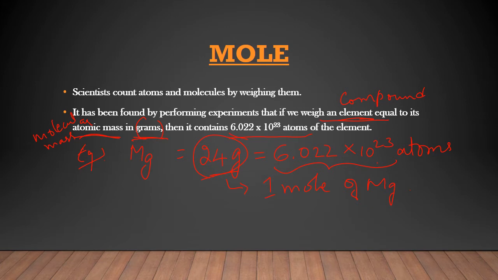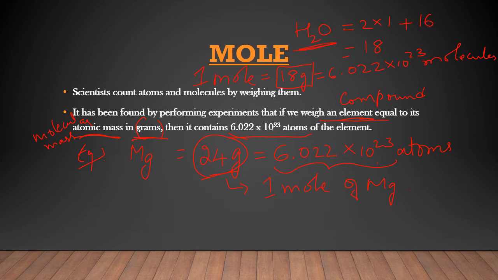For example, if I take water, let us first find out the molecular mass of water. 2 atoms of hydrogen, atomic mass of hydrogen is 1, plus atomic mass of oxygen is 16, so it is 18. Molecular mass of water is 18. So if I take 18 grams of water, it will contain 6.022 into 10 raised to 23 molecules, which means this 18 grams is nothing but 1 mole.